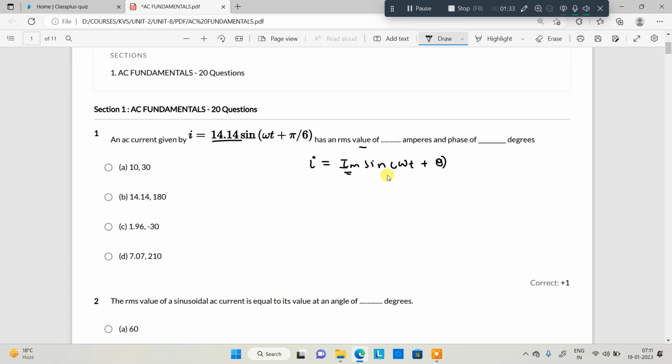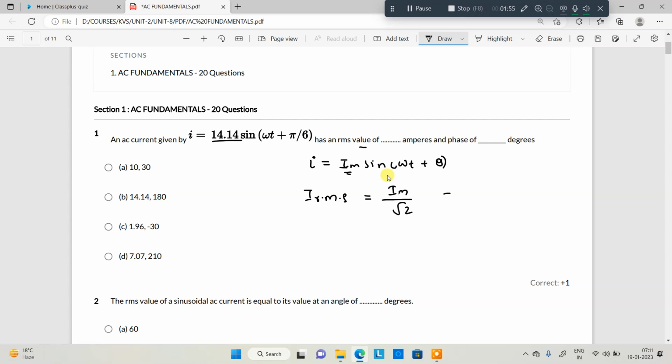Im is 14.14. Once you know the Im, you know the IRMS formula from the theory class. In our mobile app, we explain all the theory classes related to that. Just go back to our app and see all the videos, then you will get these formulas and concepts. IRMS is equal to Im by root 2.